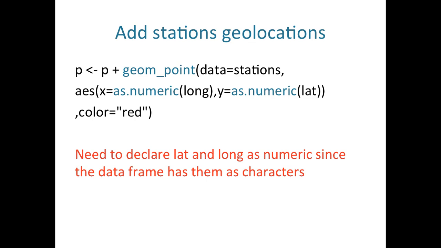And remember that in general, the data frame typically defines everything as characters, okay? So we want to define them as numeric values. That's the reason why we have the numeric function.